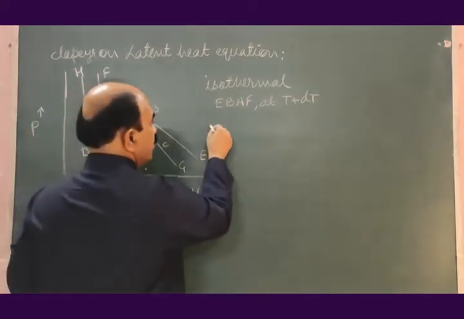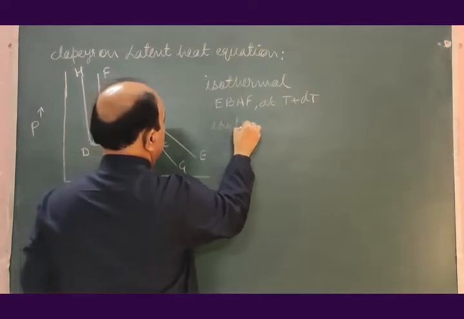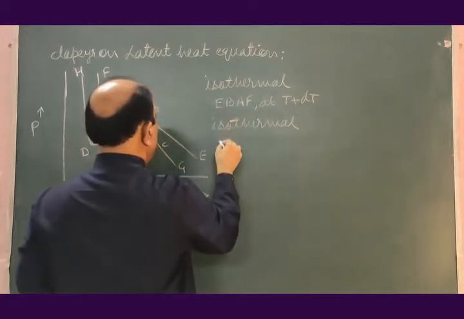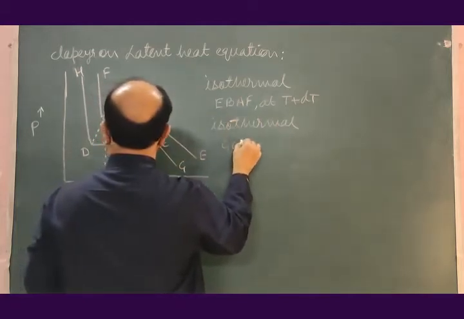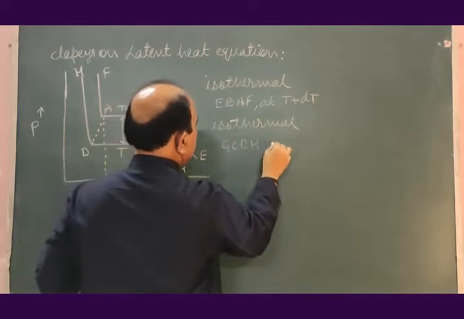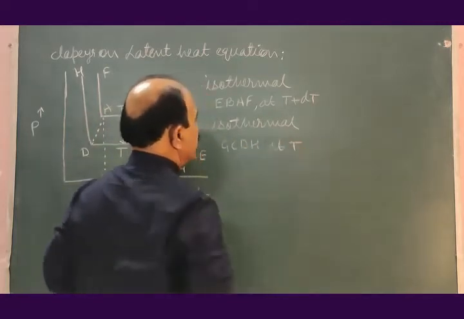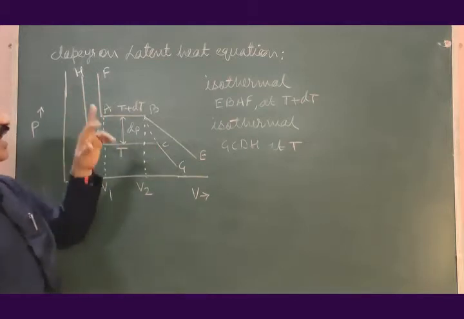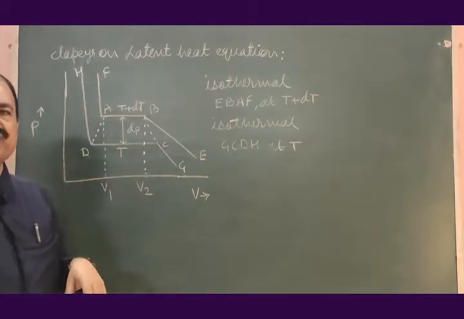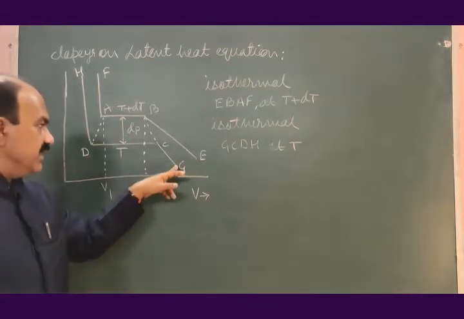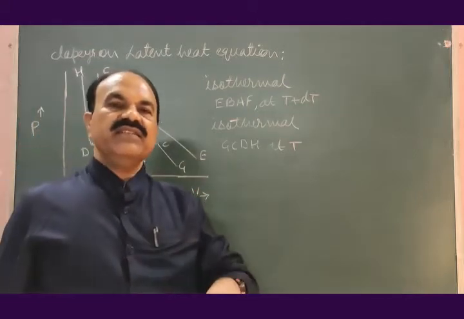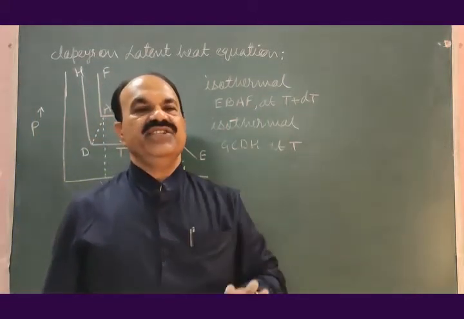Now let us go to the isothermal GCDH at temperature T. G to C represents the matter is in gaseous form.